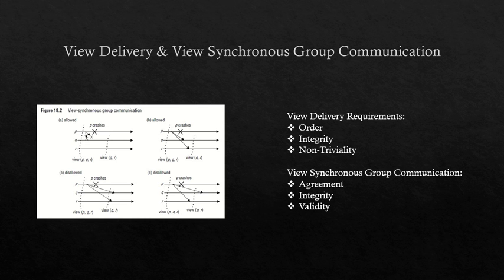What the system will basically do is not send that message. It will go ahead and let view, Q, and R go, and eventually when it reconnects, it will send the message P. It's showing that this is an allowed option.